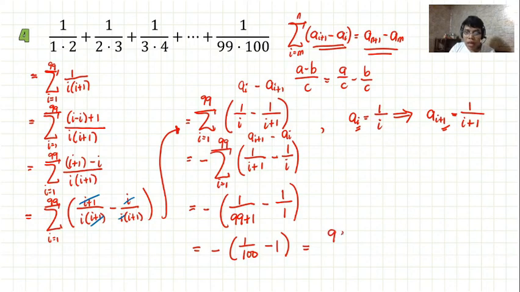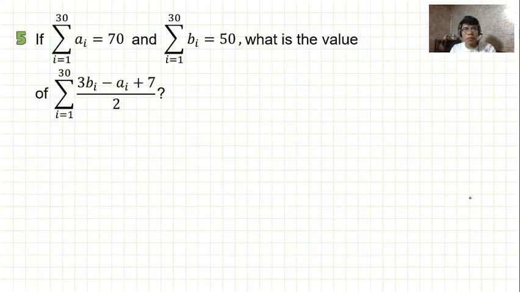So that is 99 over 100. So positive 99 over 100 is the sum of this given series, applying telescoping sum. O, di ba? Madali lang. Applying telescoping sum. Okay? So that's it for number 4.